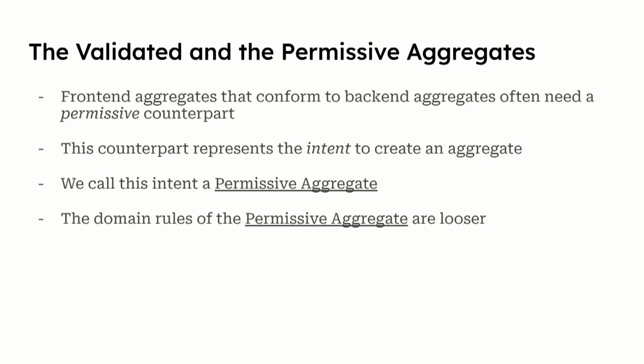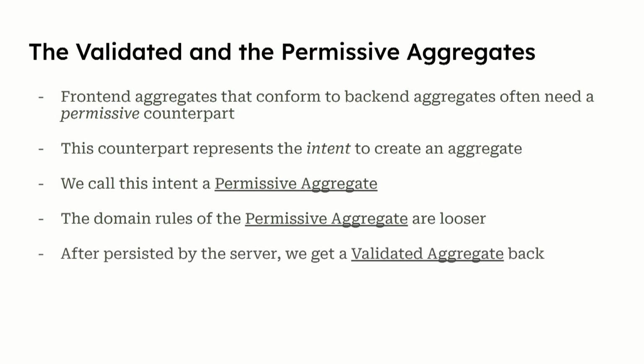The domain rules of the permissive aggregate are looser. They're more flexible in a way that the user can bend those rules until they're ready to attempt to actually create the validated aggregate. And after it's persisted by the server, what we get back is an actual validated aggregate, because the backend is the one that is going to validate that aggregate.